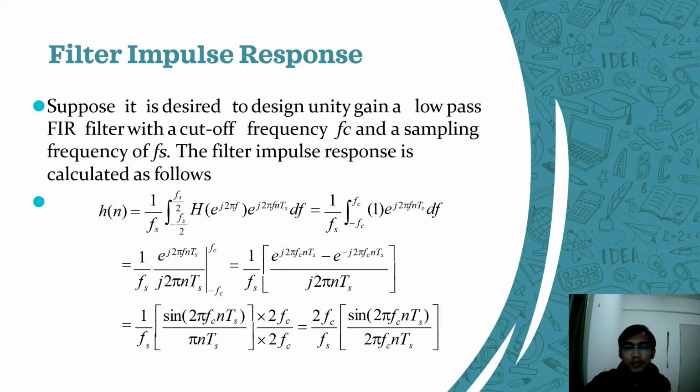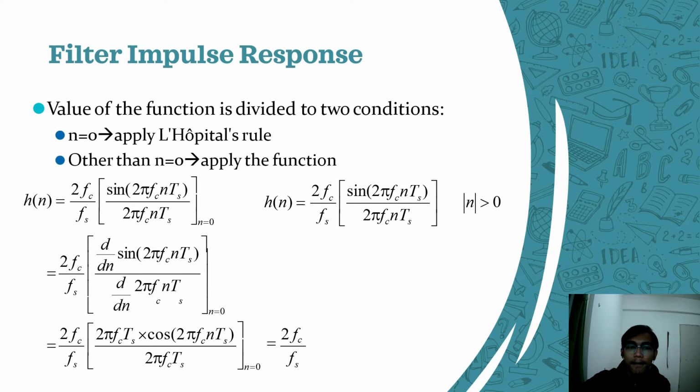The filter's impulse response is calculated as follows. You can see the calculation below. The value of the function is divided into two conditions, where n equal to 0 is applied using L'Hospital's rule, and other than n equal to 0 is applied to the function h(n).